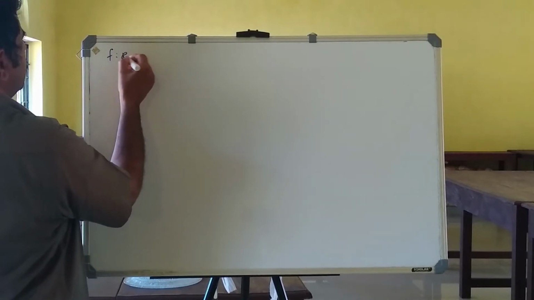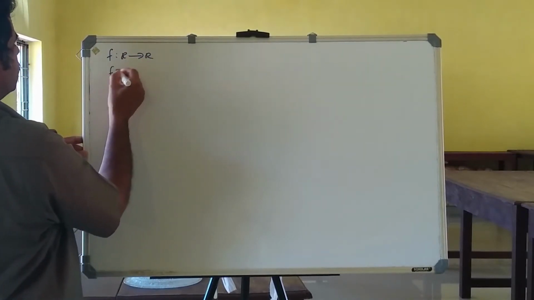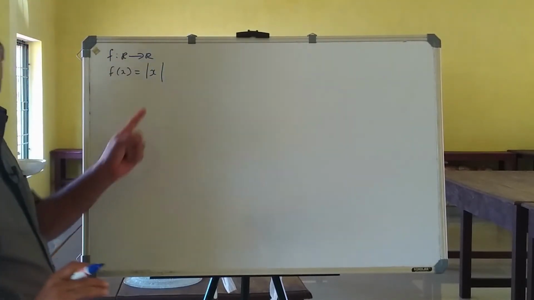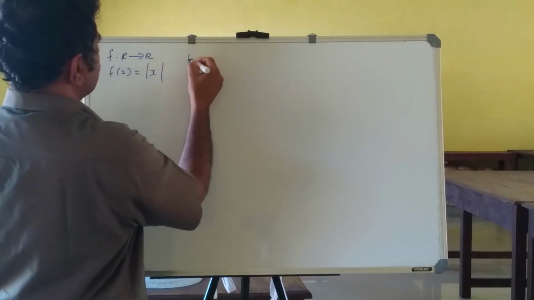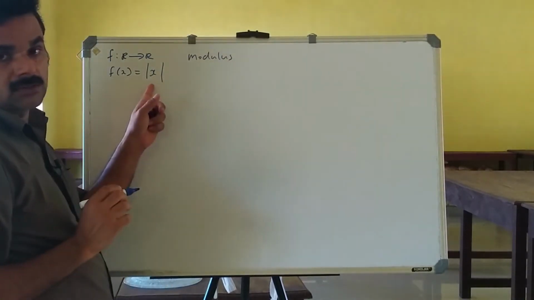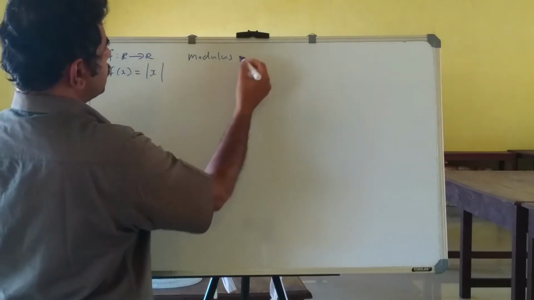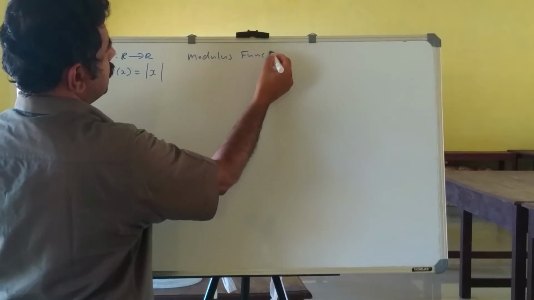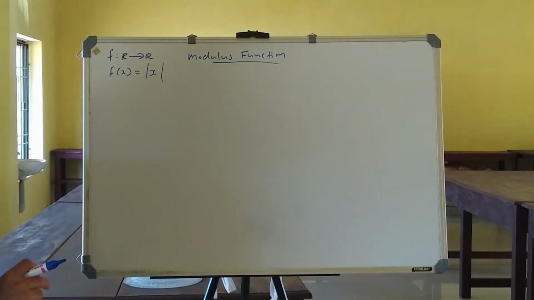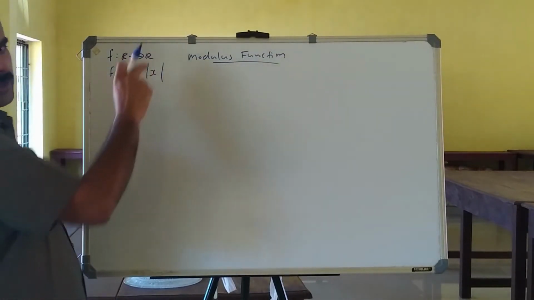Function f from R to R defined as f of x is equal to modulus x, mod x, or modulus of x. Therefore, it is called as what? Modulus function. Modulus function, mod x. f of x equal to mod x.